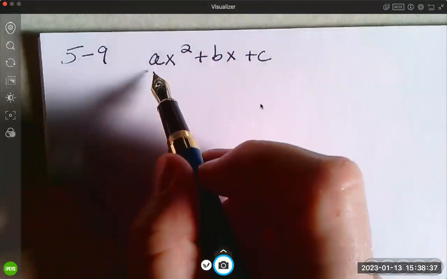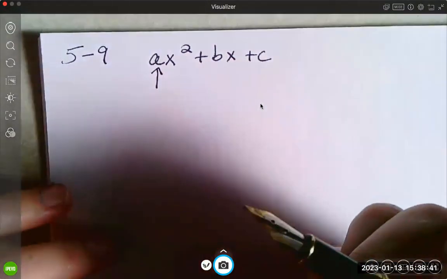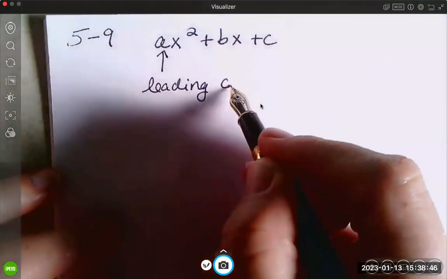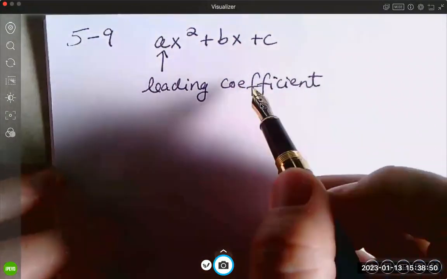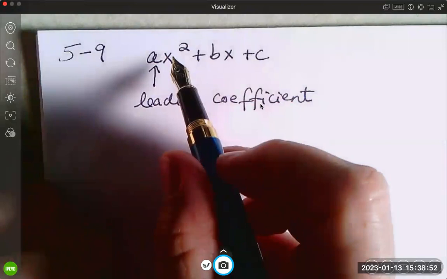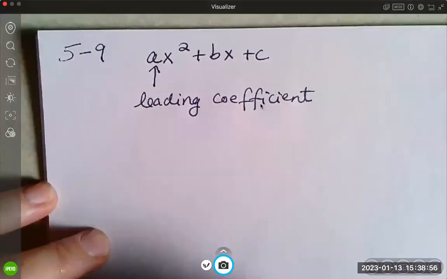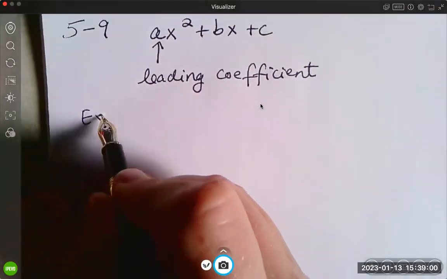And so this trinomial, you'll see that there is a leading coefficient. That means it's leading off, and there's a coefficient attached to that quadratic. Okay, so let's just look at example 1.